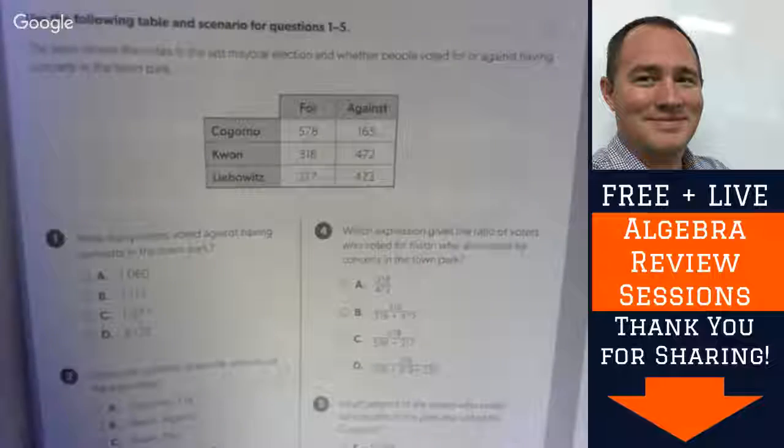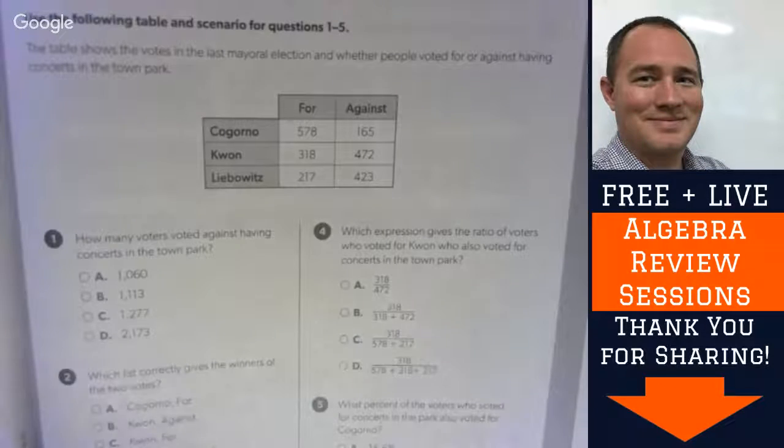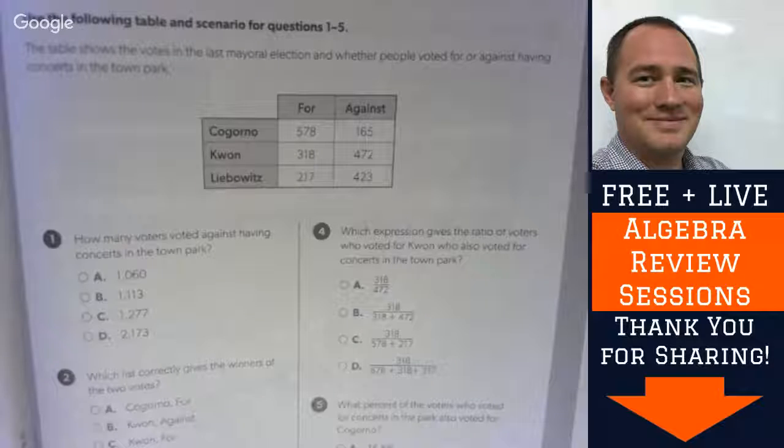So let's do this. I'm going to take a moment to check if there's any clarification needed, any questions that come up. I'll go through a couple of these examples here, and that would be a great way of wrapping up our two-way frequency tables.